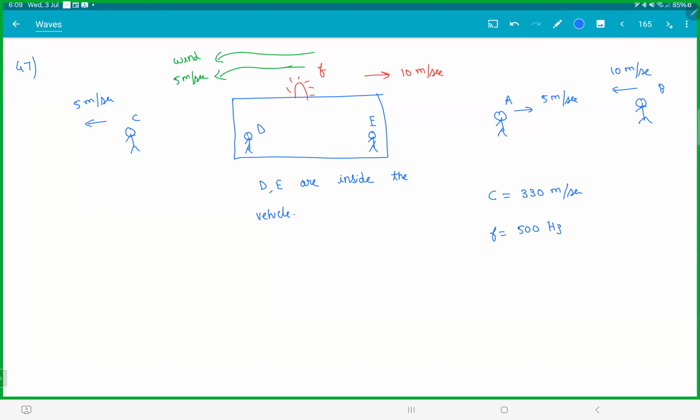For example, if you look at A, C minus W plus VA by C minus W plus V source into F. Meaning, if you write like this, it is sufficient. We can always substitute the values. So I want you to find F apparent, lambda apparent, and C apparent for A, B, C, D, E.